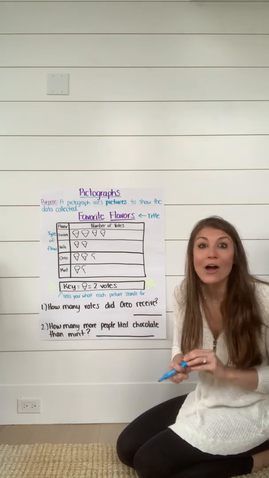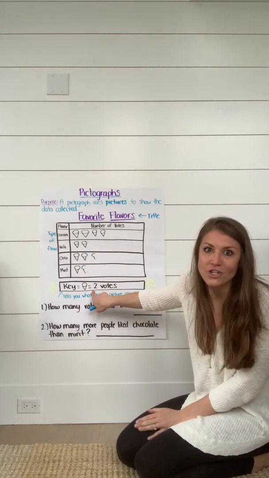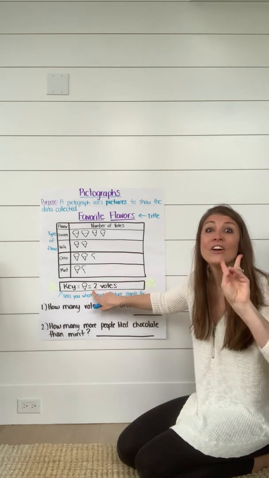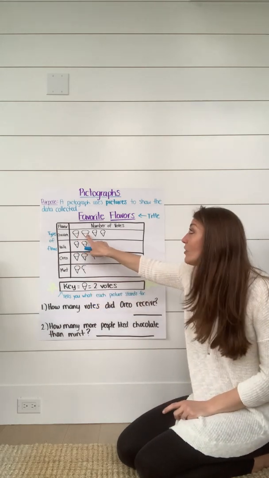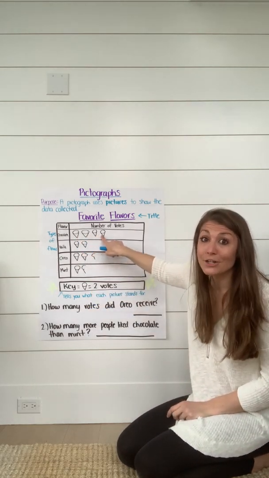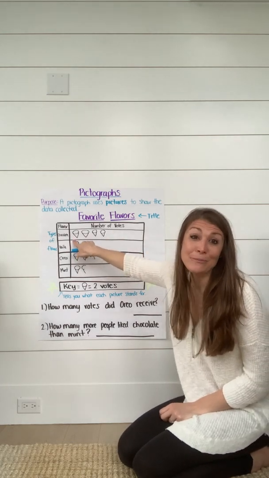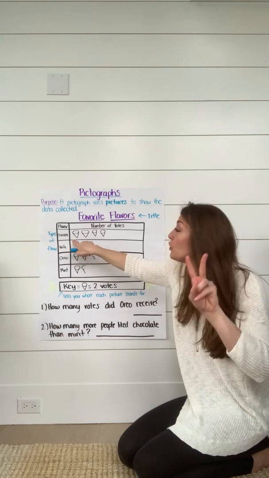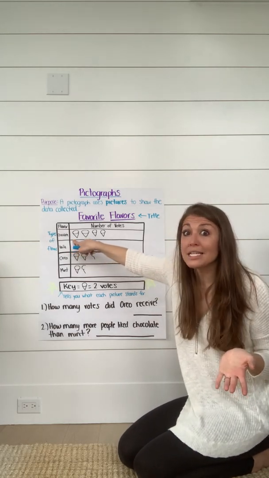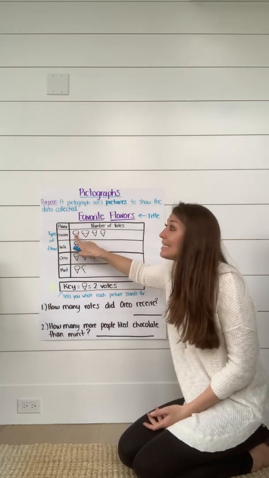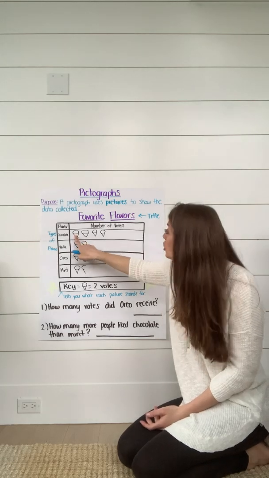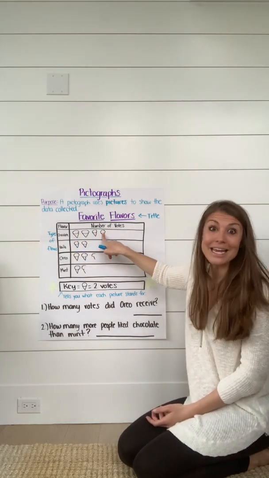So I know that my key said each ice cream cone is worth 2. So even though I see 4 ice cream cones, I'm not gonna write 4 because each ice cream cone really represents 2 votes. So there's a couple things that you can do here. You can skip count by 2s, 2, 4, 6, 8.